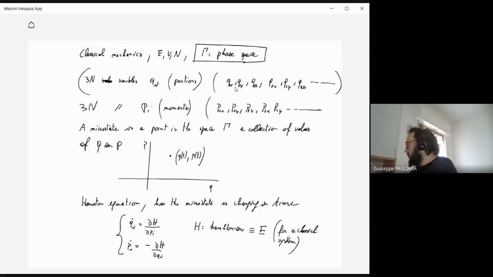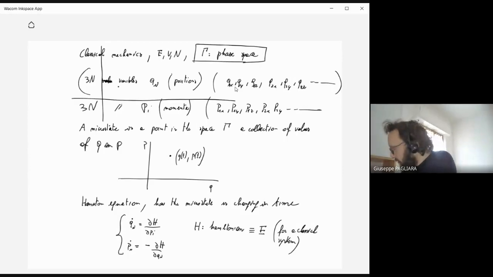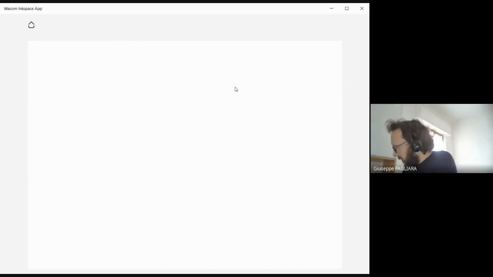So, same page again, as a function of time, suppose that I have an initial state here with a certain Q of T1 and P of T1.